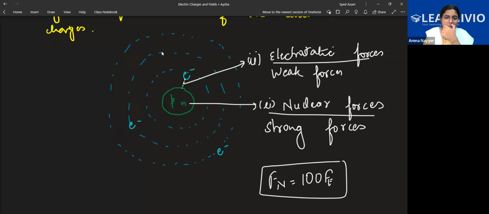Among electrons, protons, neutrons, which one do you think can come out of the atom? Neutrons. Why? Because they do not have a negative or a positive charge. They are neutral in nature.